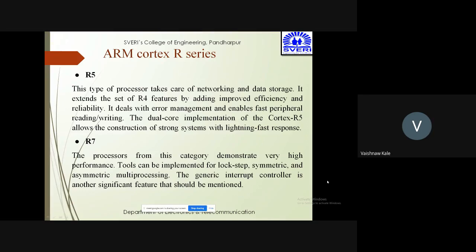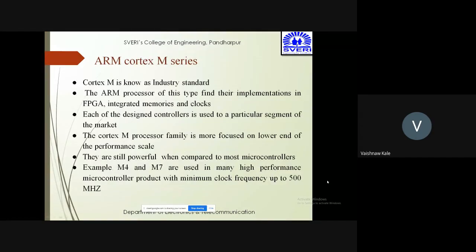It allows the construction of strong systems with lightning fast response. Then the processors from the R7 category demonstrate very high performance. Tools can be implemented for lockstep, symmetric and asymmetric multiprocessing. The generic interrupt controller is another significant feature that has to be mentioned.